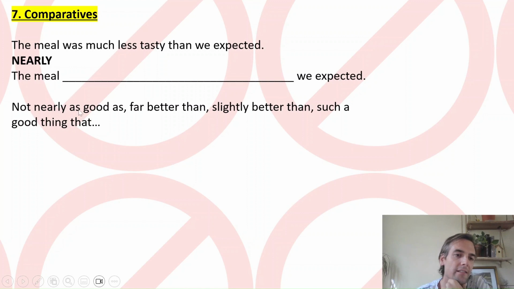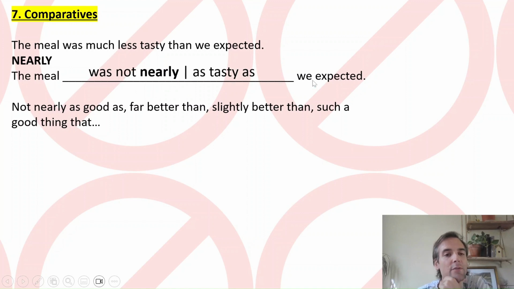Well, plugging our as into this sentence, and I've almost given you the answer again already. Once you know the grammar, it's very easy. The meal was not nearly as tasty as we expected.